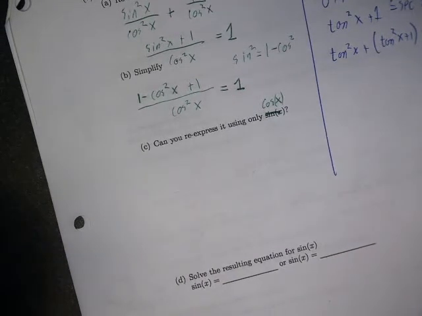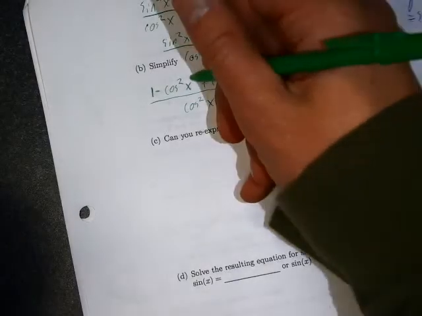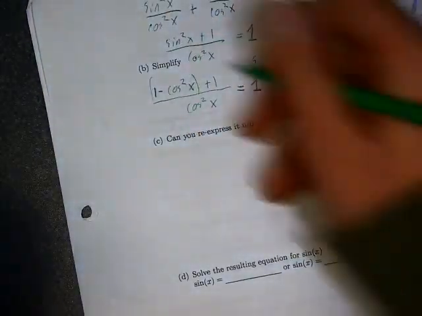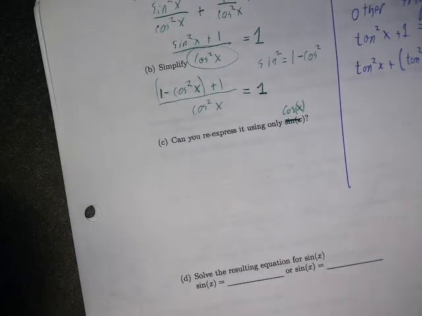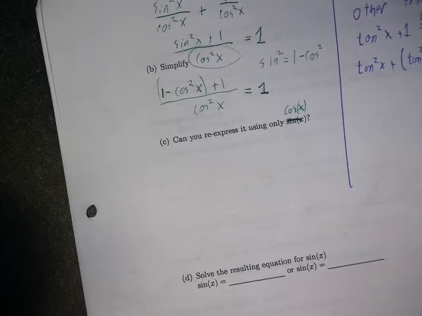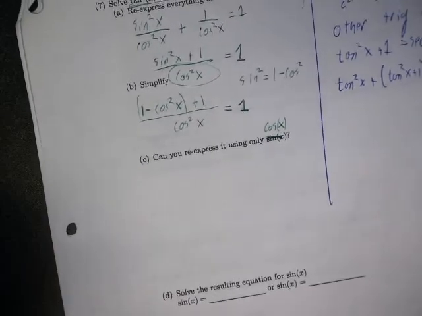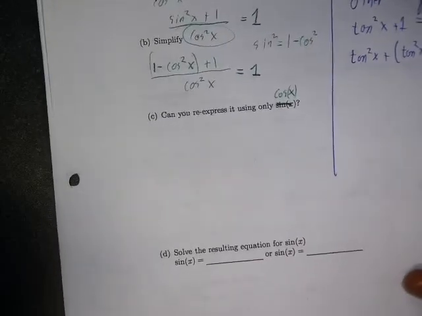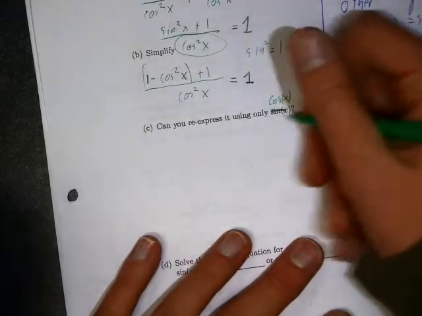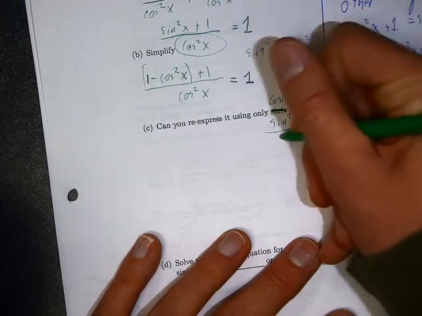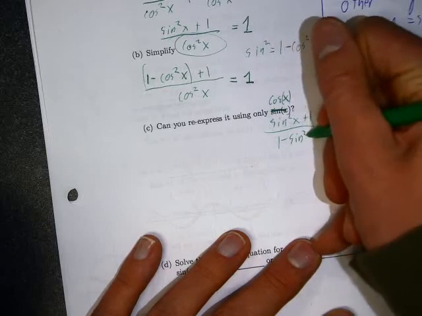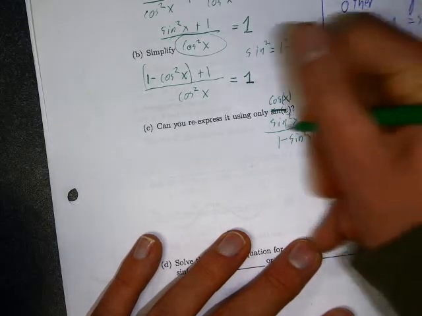If you're expressing it as sine, it would just be the other way around. Yeah, so instead this cosine squared would become 1 minus sine squared. So the other way, you would get sine squared x plus 1 divided by 1 minus sine squared x equals 1.